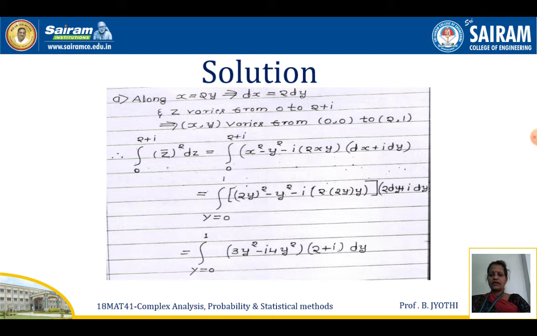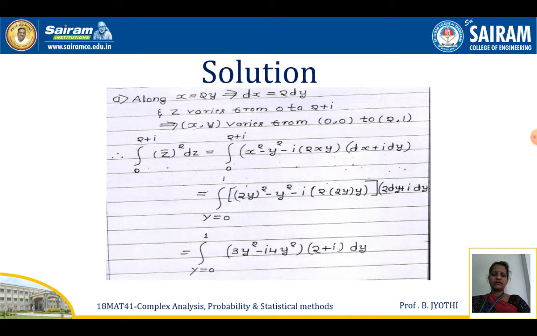Next, integral from 0 to 2 plus i of z bar the whole square into dz. Actually z is x plus iy and z bar is x minus iy, whose square is x square minus y square minus i into 2xy, because it is iy the whole square.